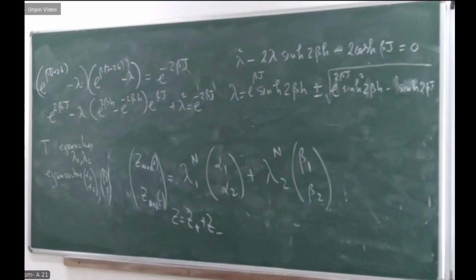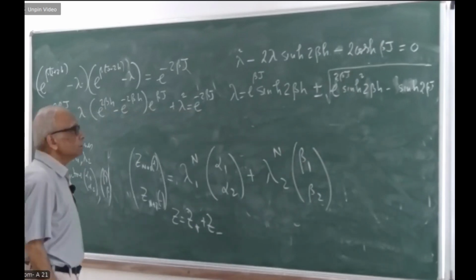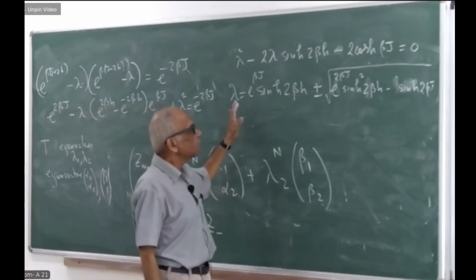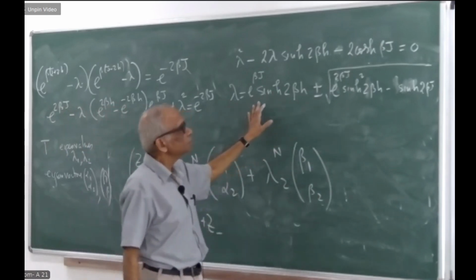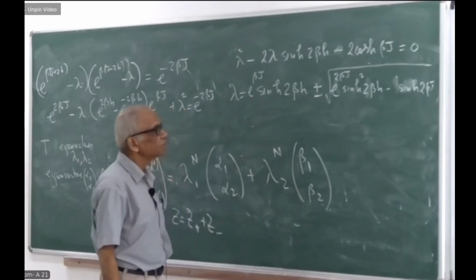Now things look better. Okay. So lambda is equal to this. So there is a plus and a minus.